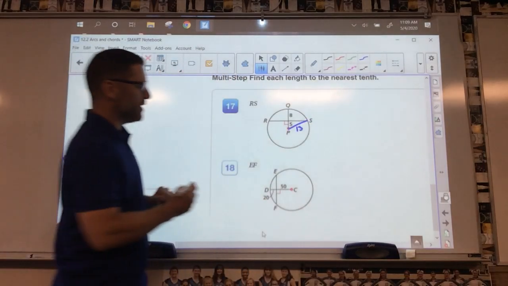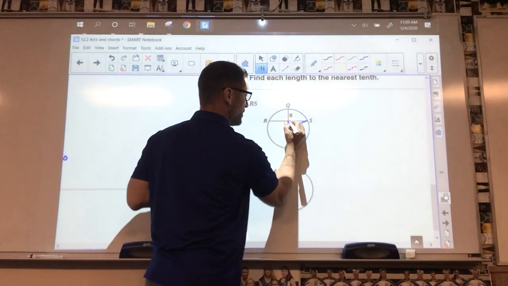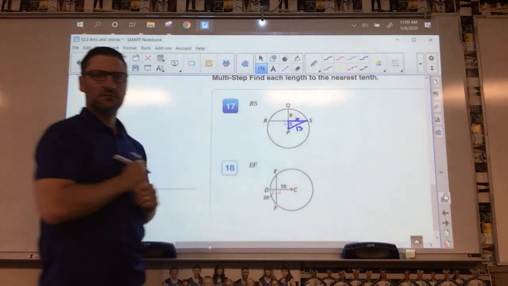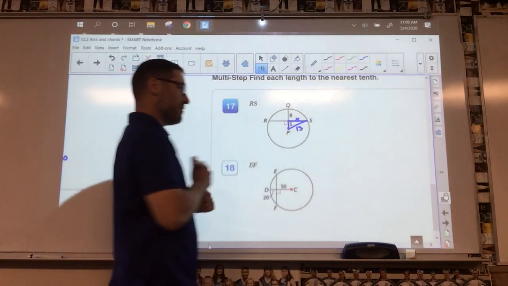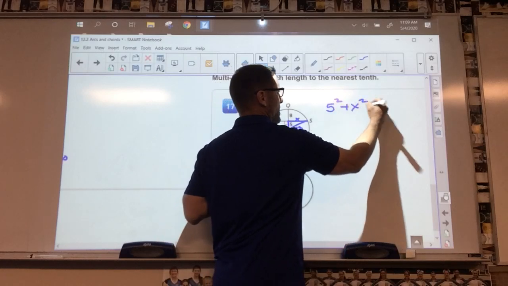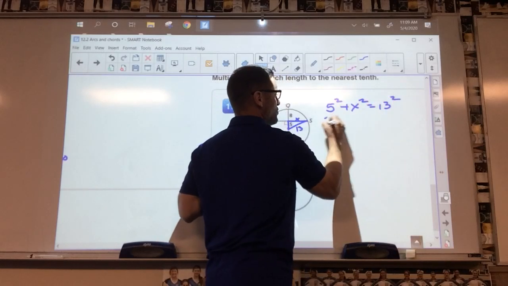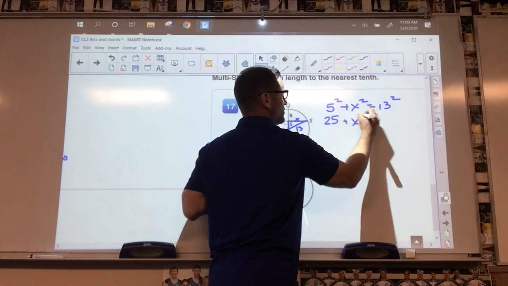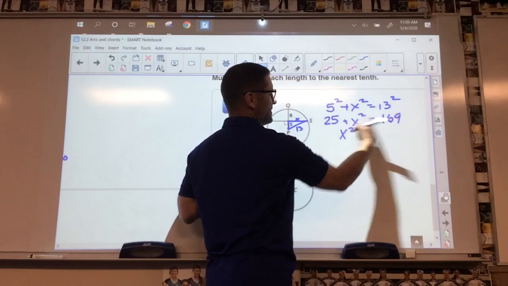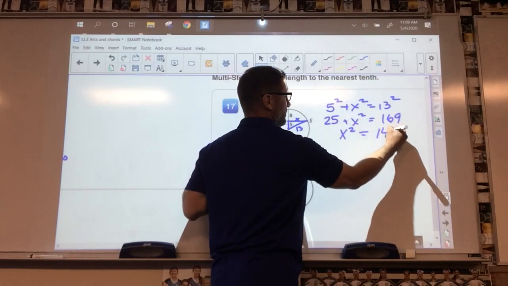Okay, I wonder what I'm going to use in this picture here to find that x value. Yep, it's another Pythagorean theorem problem. 5 squared plus x squared equals 13 squared. 25 plus x squared equals 169. X squared equals 169 minus 25, which is 144.